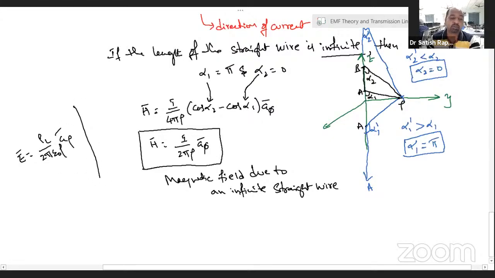So this is the electric field due to an infinite straight wire. Similarly, this is the magnetic field due to an infinite long straight wire. So that is the comparison between electric field and magnetic field.